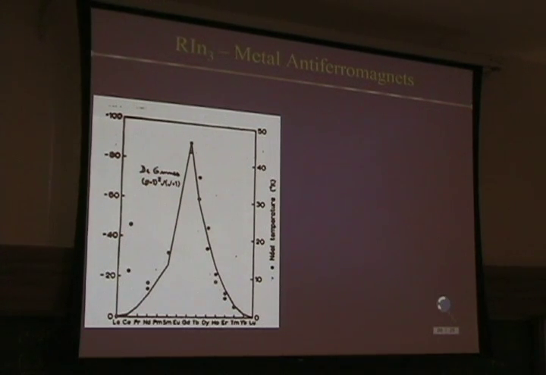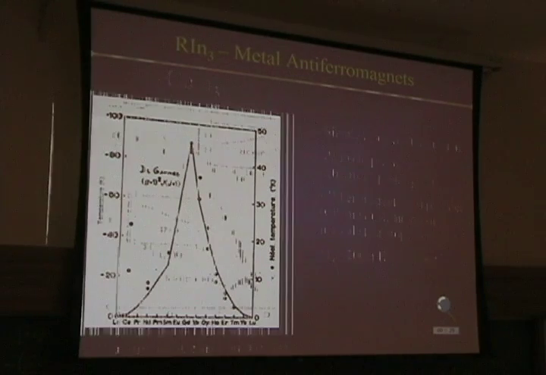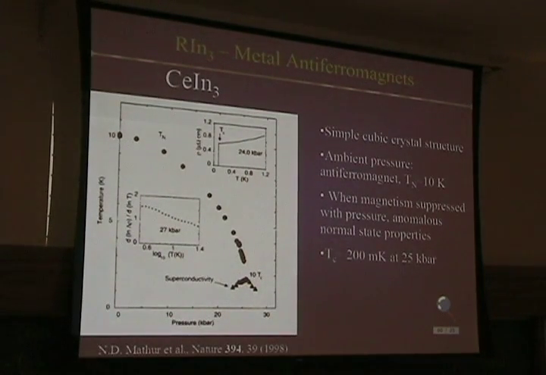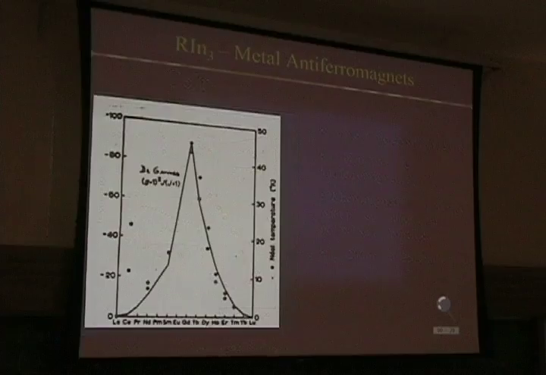So we know the properties of the cerium 115, right? It's a pressure-induced heavy-fermion superconductor. We go to the next one. It's praseodymium 115. It's a non-magnetic material because it has a singlet ground state. So crystal field state, it's a singlet ground state, J equals zero, no spin to order, right?